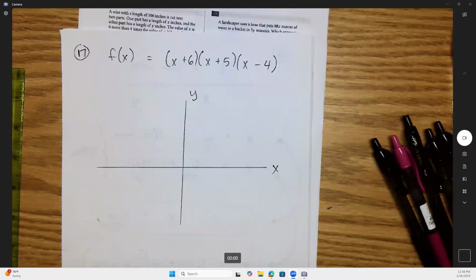Ooh, close, close. Okay, Peyton got it exactly. Alexander got it. Okay, so 2 winners so far. Almost. What's upside down? Oh, yeah.